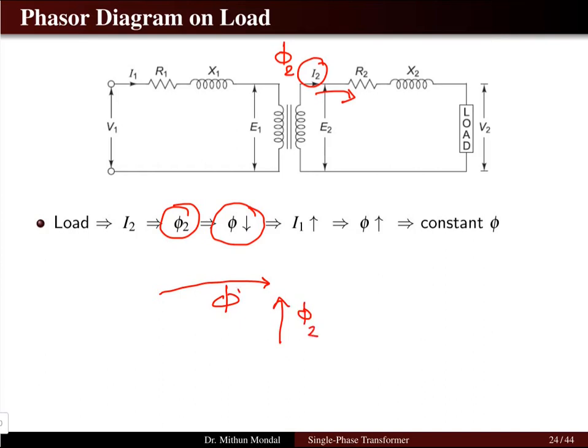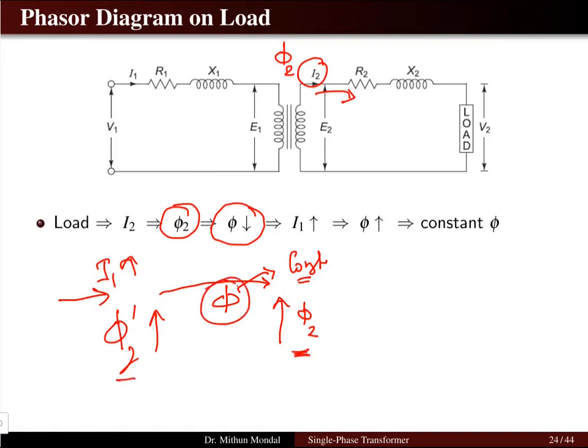But this flux phi has to be constant in the core of the transformer. So the primary current I1 will increase in such a way that it will oppose and nullify the effect of phi2. So phi2 dash and phi2 will cancel out, and the total flux will remain constant in the core of the transformer.